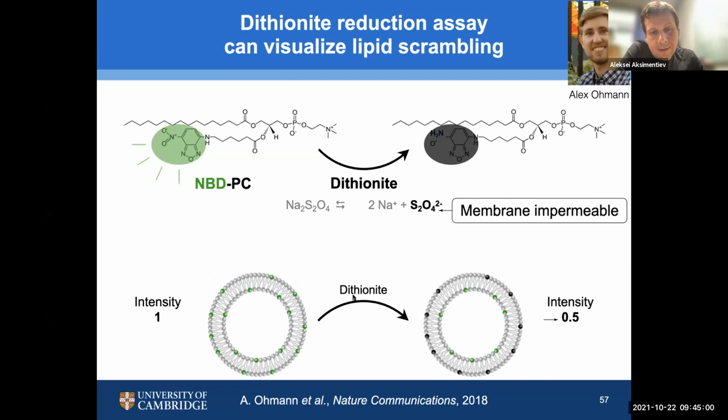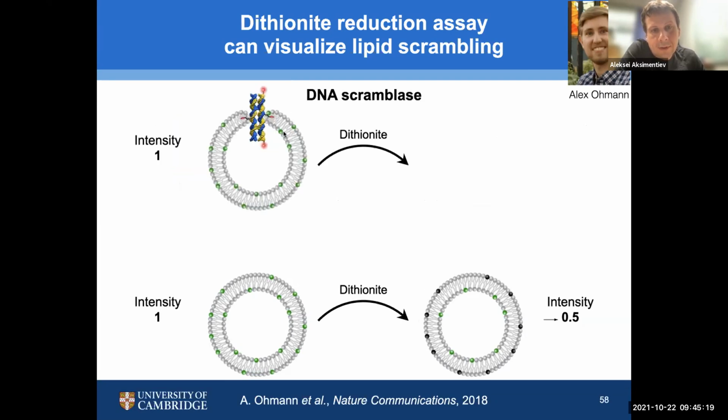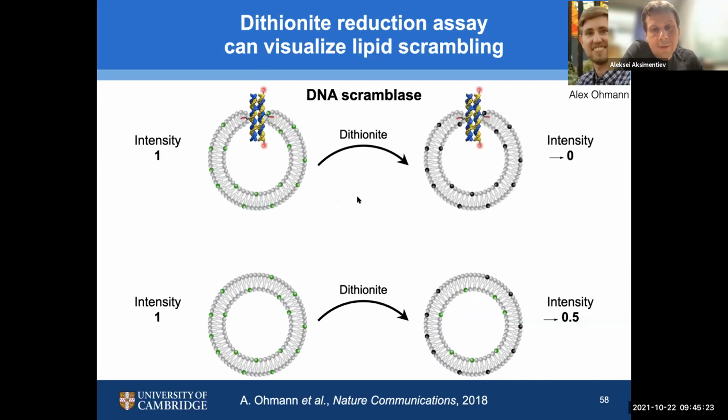Then you add dithionite, and you should end up with an intensity that is about half of the initial one, because dithionite cannot go through the membrane, but it can still render inactive those fluorophores that are exposed to it. Now, if you have scrambling, the scramblase will scramble lipids.